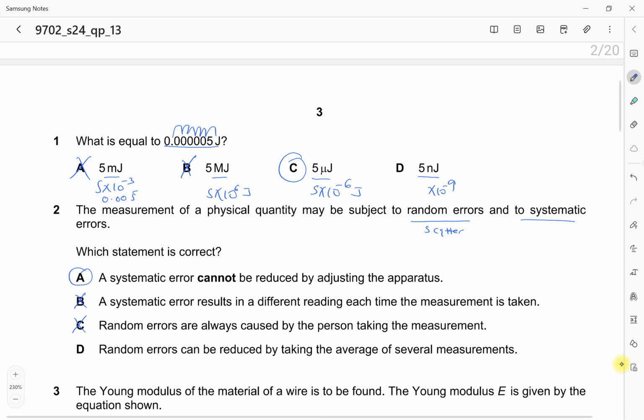I think I have to look at this again. So which statement is correct? A systematic error cannot be reduced by adjusting the apparatus. Of course, adjusting the apparatus cannot reduce a systematic error.